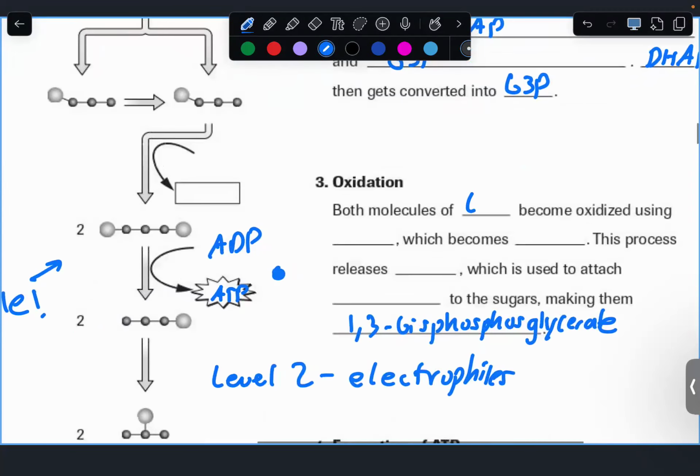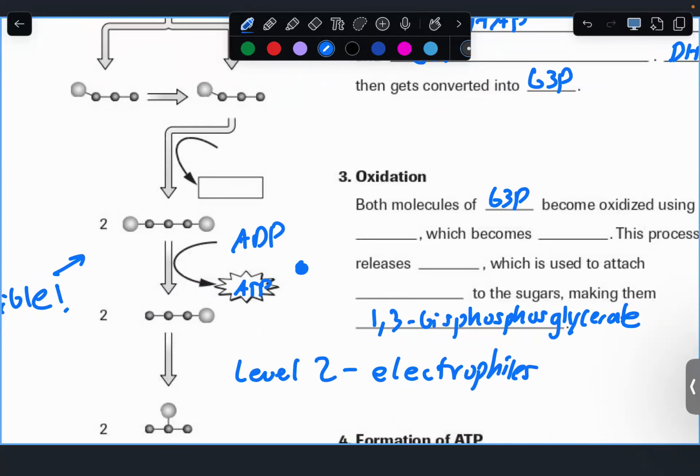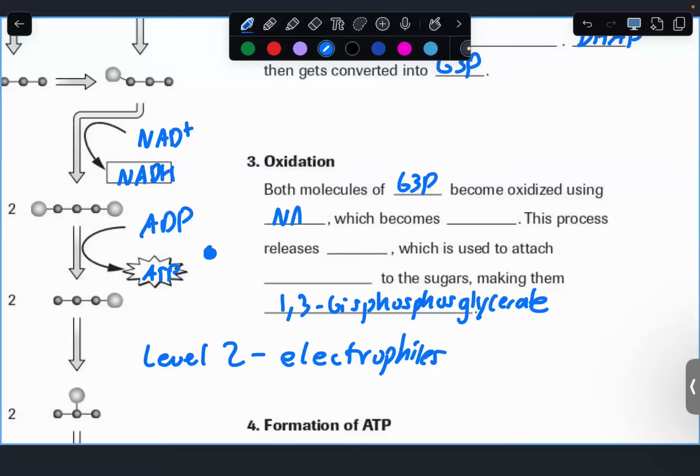So let's see. Both molecules of glyceraldehyde 3-phosphate become oxidized using NAD plus, because that's our oxidizing agent. NADH will come back to haunt you in the electron transport chain. NAD plus simply becomes NADH.